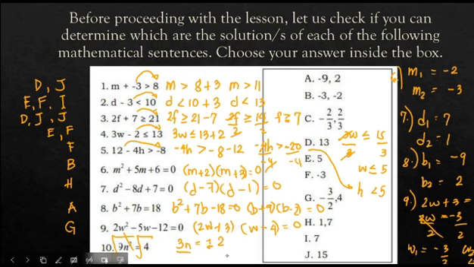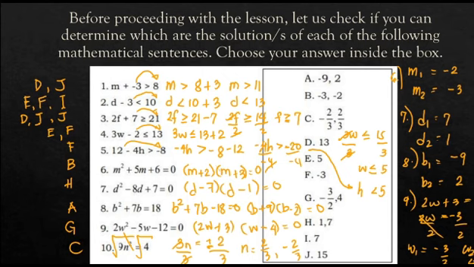And then we divide both sides by 3. That will be cancelled. So our n is positive 2/3 and negative 2/3. So that is letter C.